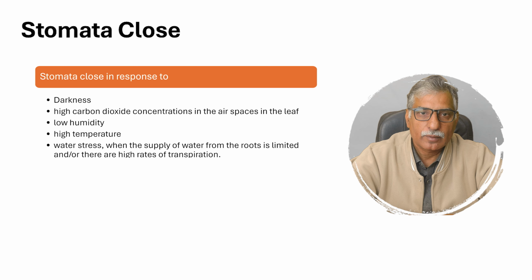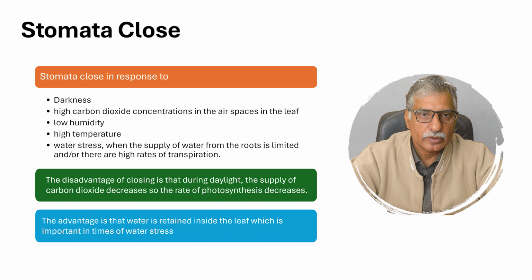Now stomatal closing is also in response to carbon dioxide concentration, but high carbon dioxide concentration. When there is a high carbon dioxide concentration inside the air spaces, particularly in the dark, when there is no photosynthesis taking place, stomata tend to close. But certain harsh environmental conditions like high environmental temperature, blazing light intensity, a dry environment with no humidity at all, or frequently blowing winds may also result in stomatal closure, and this is actually to prevent excessive water loss.